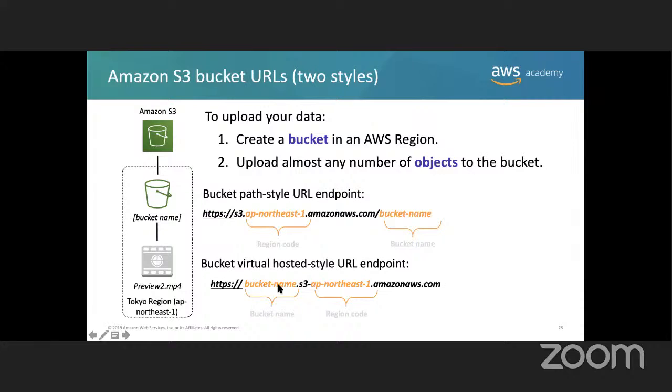Both are valid URLs, but one is the path style and the other is the hosted style. So Amazon S3, bucket, and then you have the file here. This is an MP4 file, and it's in the Tokyo region, AP Northeast 1.